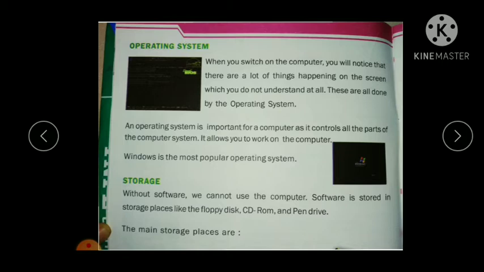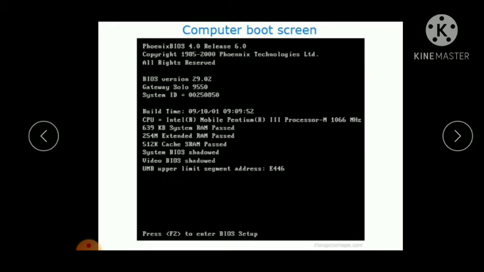You can see a black background with many numbers and sentences. This is called booting. Whenever you switch on the computer, you can see something coming on the screen. This is done by the operating system.